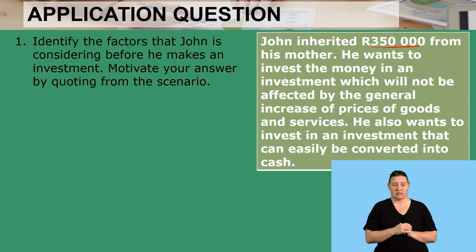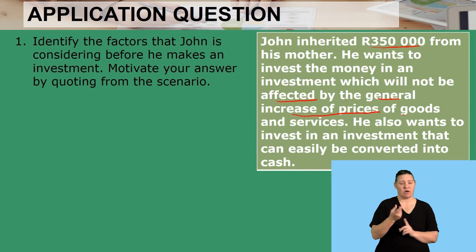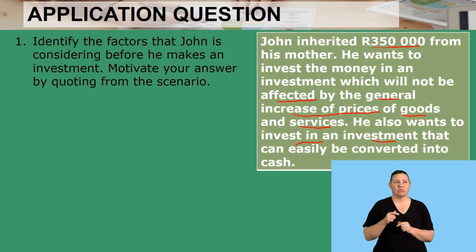However, he wants to make more from the 350. He says he wants an investment that won't be affected by the general increase of prices of goods and services. He also wants to invest in an investment that would allow him to easily convert into cash, meaning to convert whatever amount invested into cash.